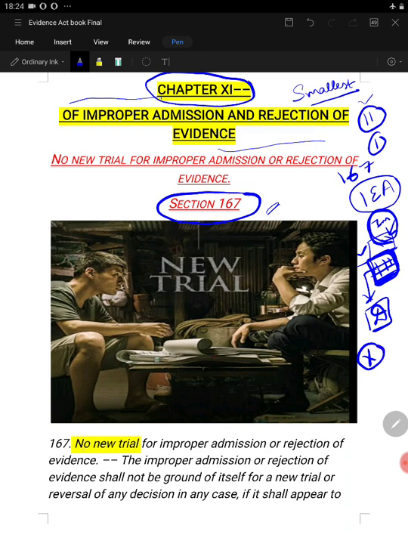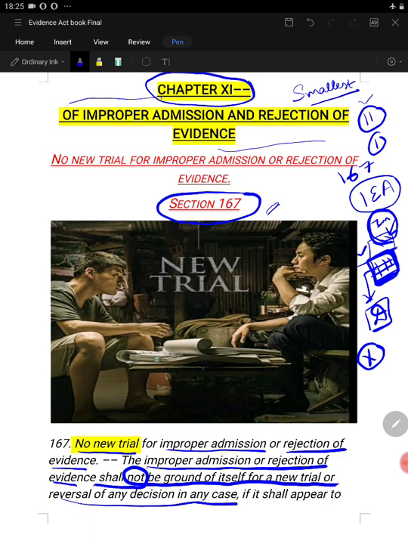So what this section says is that there is no new trial for improper admission or rejection of evidence. The improper admission or rejection of evidence shall not be a ground of itself for a new trial or reversal of any decision in any case.